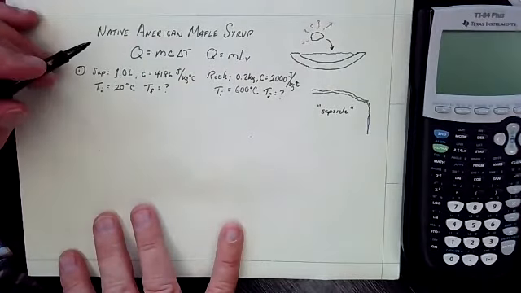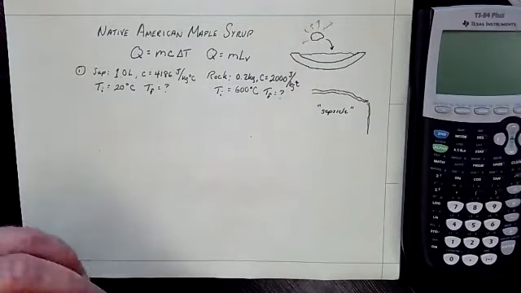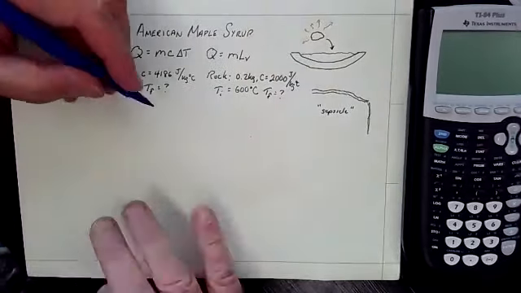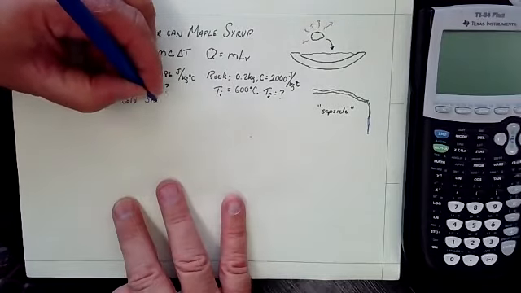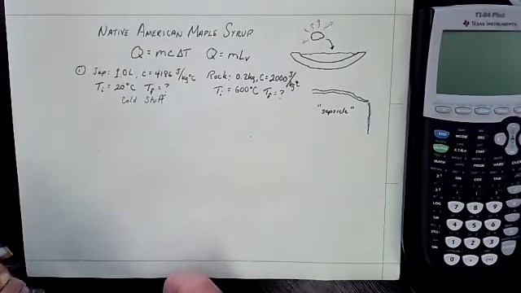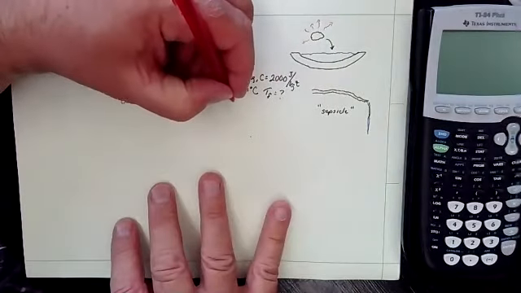Okay, well, what's going to be happening is that we're going to have the sap, which is essentially cold stuff. And then the rock, which is the hot stuff.